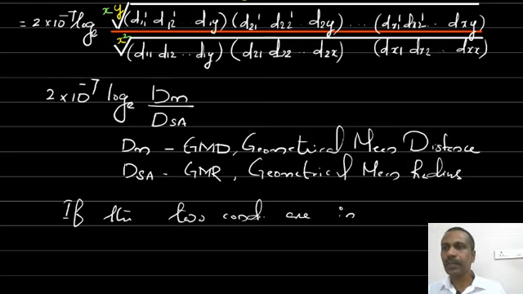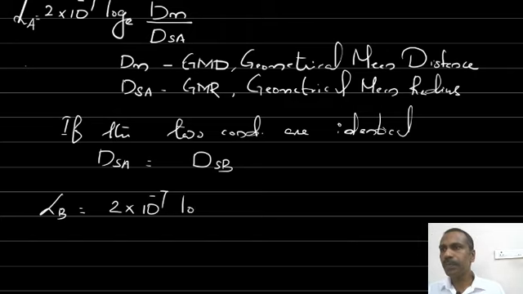Then LB can be written as 2 into 10 raised to minus 7 into logarithm to the base e of Dm divided by Ds.